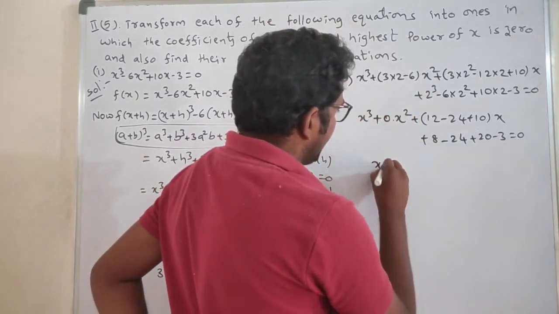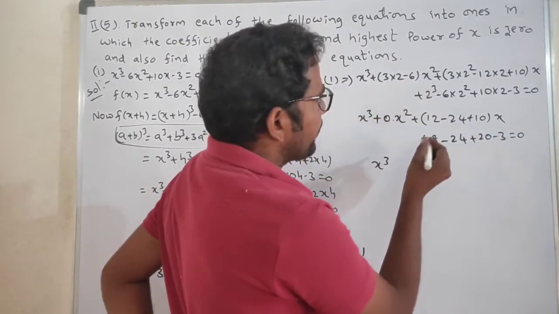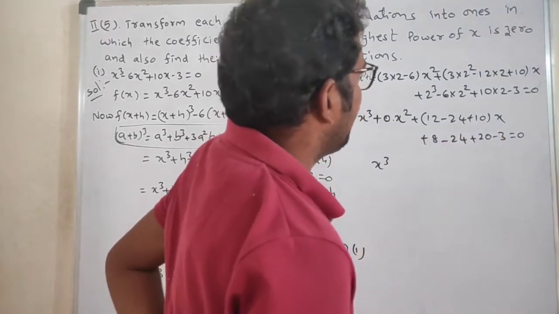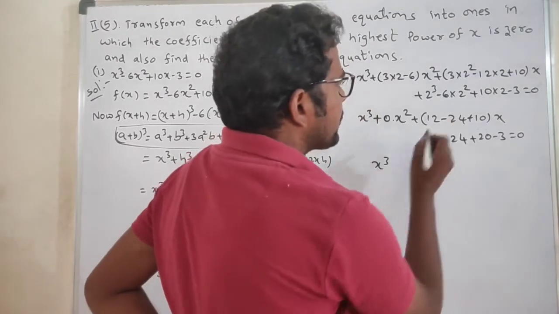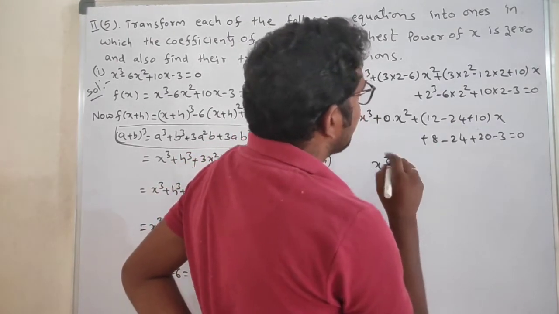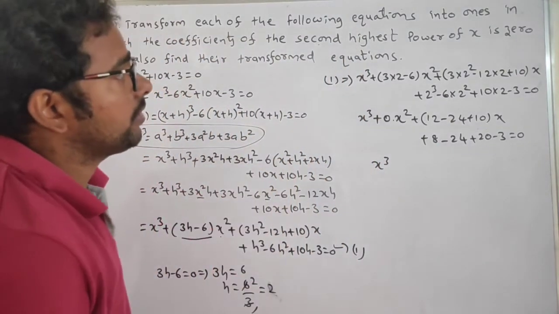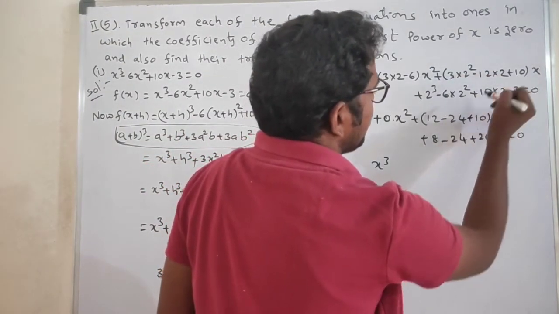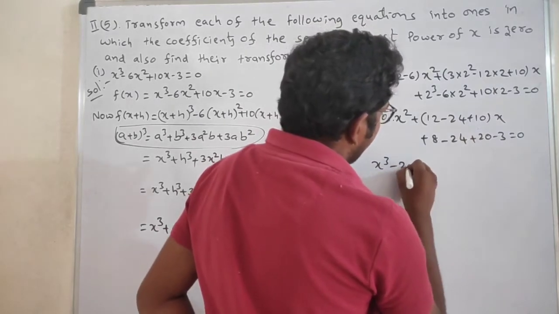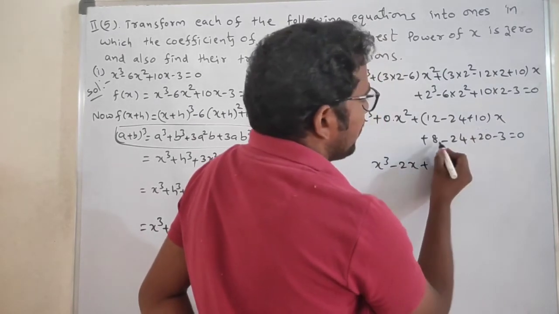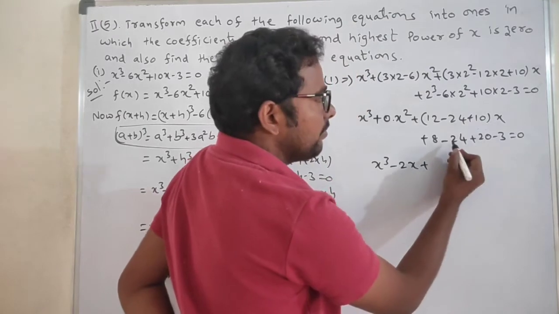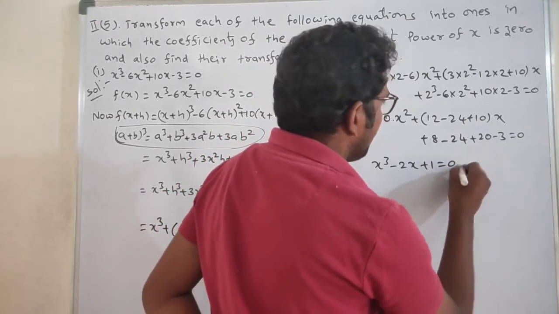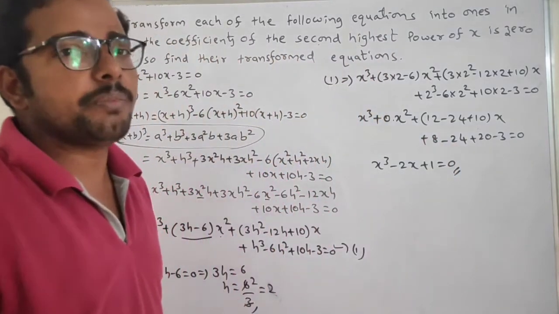So x power 3 minus 2x plus 1 equals 0. This is the required transformed equation.